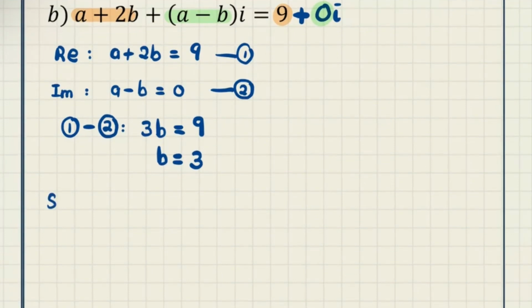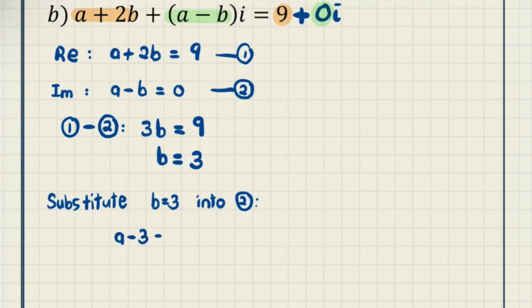So I'm going to substitute B equals to 3 into equation 2. And here I'm going to get A minus 3 is equal to 0. So therefore my A will be equal to 3 as well.